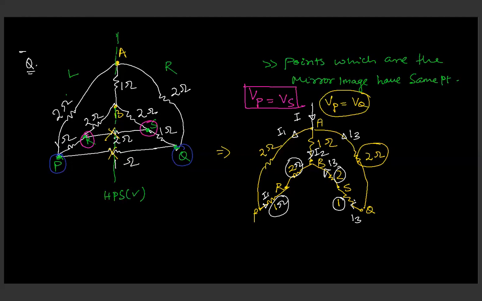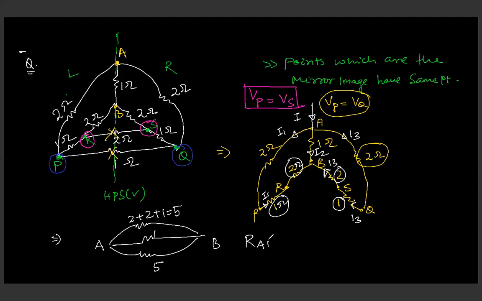They all are in series and their combinations are in parallel with 1 ohm. So effectively the circuit can be redrawn as A and B, and this one is 2 plus 2 plus 1, that is 5, and this one is 1 and this one is 5. So the equivalent resistance between them is 1 by RAB equal to 1 by 1 plus 1 by 5 plus 1 by 5.